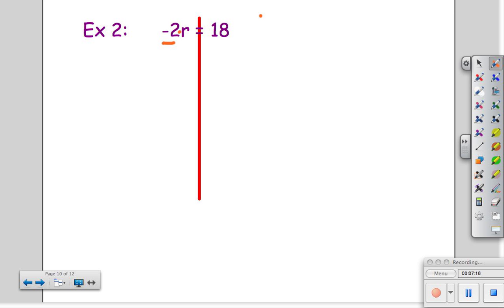So I'm going to divide each side by a negative 2. Negative 2 divided by negative 2 is 1. So that just leaves me with 1r, or simply r. 18 divided by negative 2. A positive divided by a negative is a negative, so that's going to leave me with negative 9 for my answer.